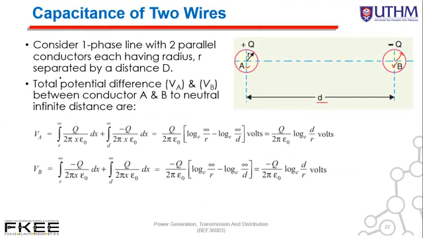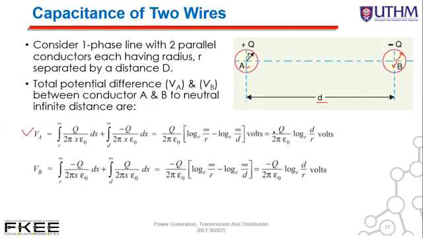So we can calculate the potential differences VA and VB between conductors A and B and neutral at infinite distance, as this equation. This is a very long equation.